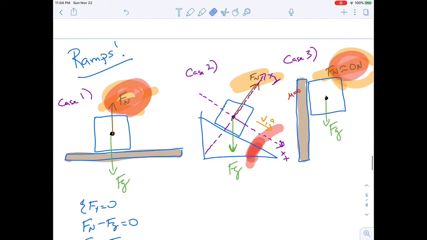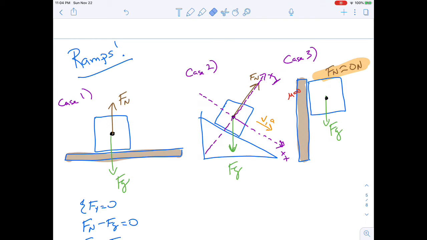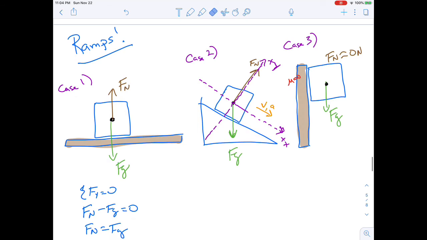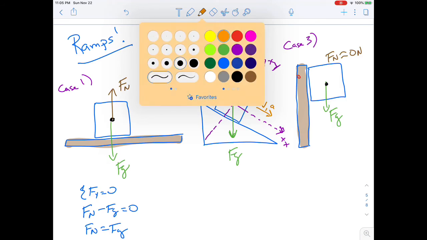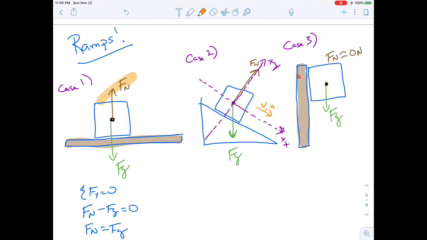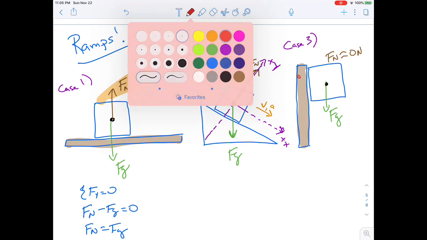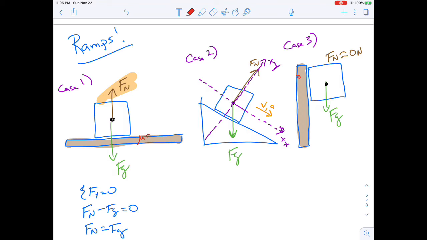Like if I go back up here, if there were friction, in case 1 we said normal force is maximized. So if the normal force is maximized, that means friction is going to be maximized.